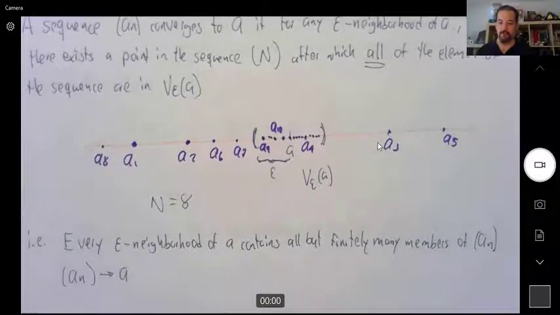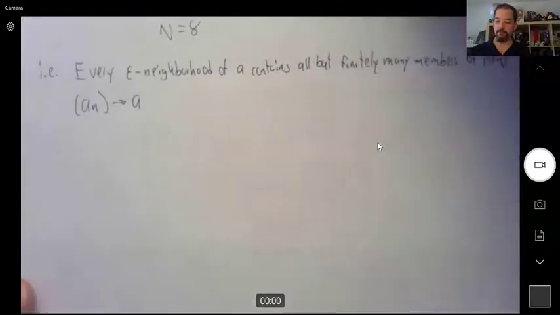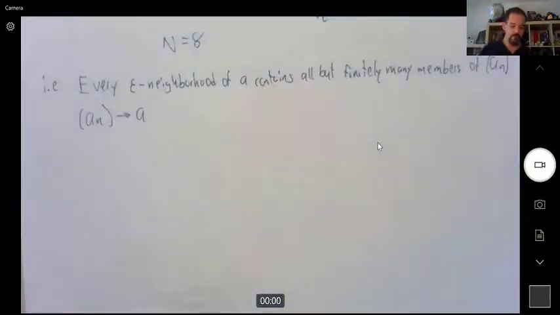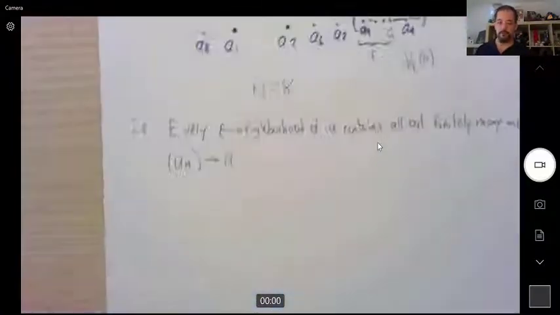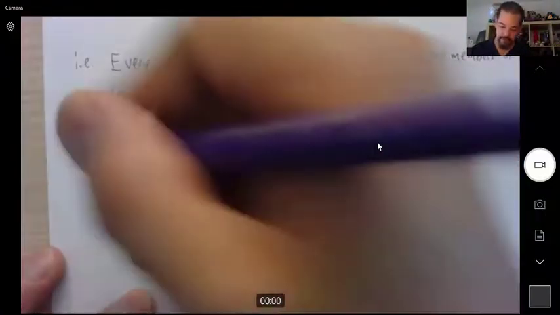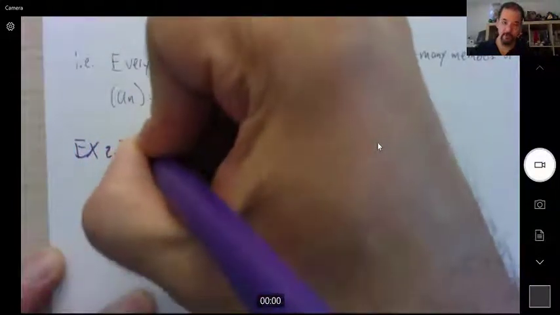Let's see an example, and let's start with something familiar to us. What about the sequence 1 over root n? This is example 2.2.5 in the book.